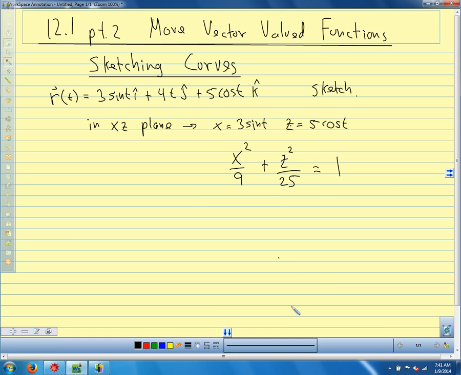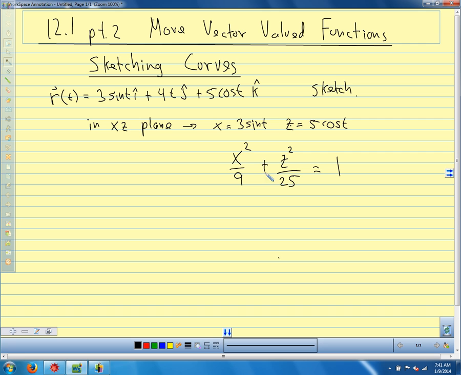Now thinking in 3 dimensions, what is this surface going to be in 3 dimensions? Our trace in the XZ plane is an ellipse. What can y be? Y can take on any value. So what is this? We have an ellipse, but the surface is a cylinder.